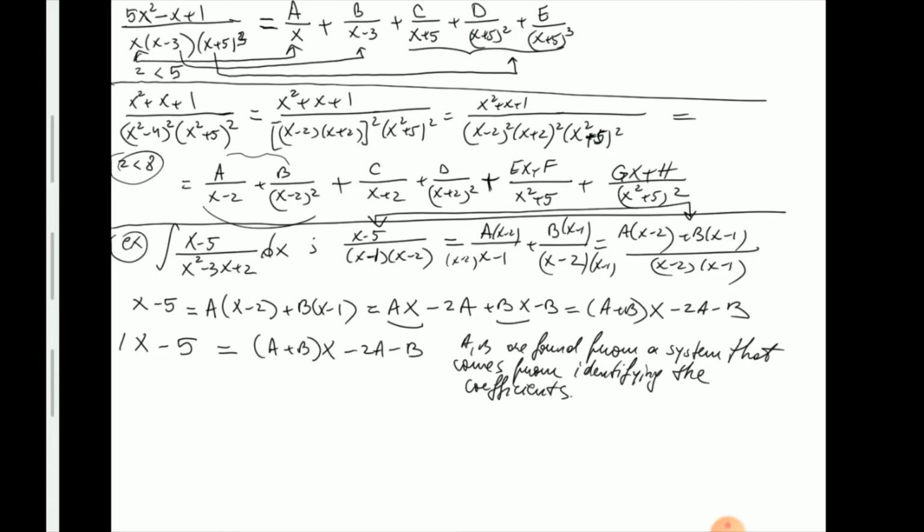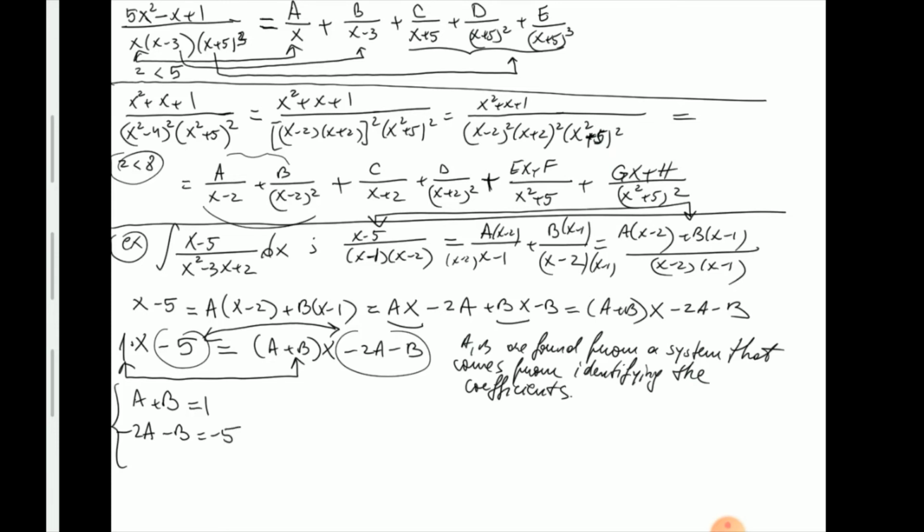So the coefficient of x on the left is equal to the coefficient of x on the right. That gives you one equation, a plus b equals 1. The constant term on the left is going to be equal to the constant term on the right, and that gives you another equation. If you set these equalities correctly, you should have as many equations as the number of constants.